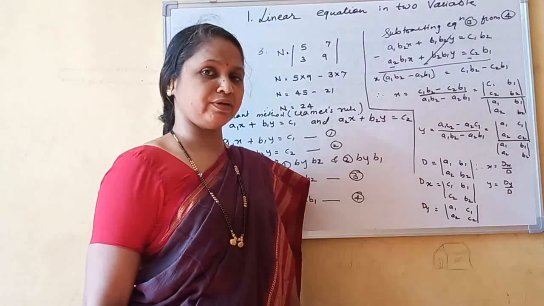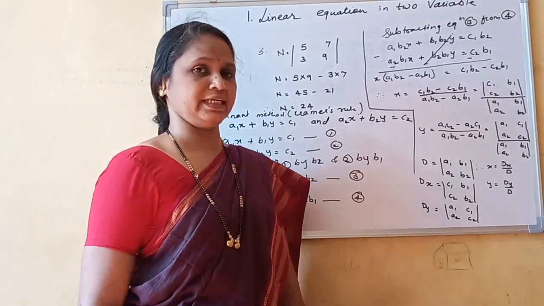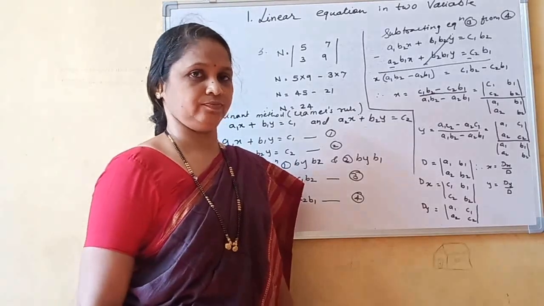So let's take one example to find x and y using Cramer's rule.